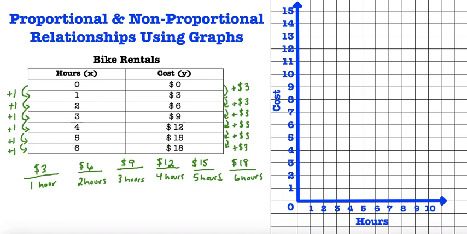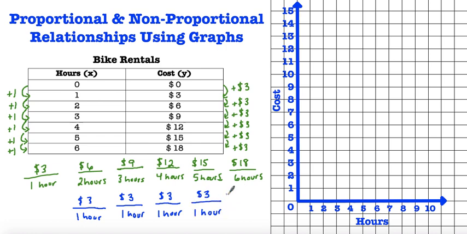So if we simplify our rates here, we know that $3 over 1 hour is fully simplified. $6 for 2 hours simplifies to $3 an hour. $9 for 3 hours simplifies to $3 per hour. $12 for 4 hours simplifies again to $3 per hour. $15 for 5 hours simplifies to $3 per hour.